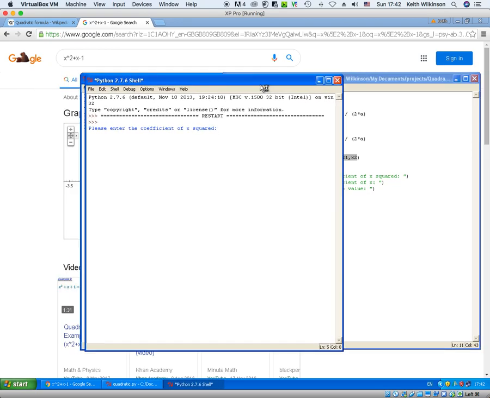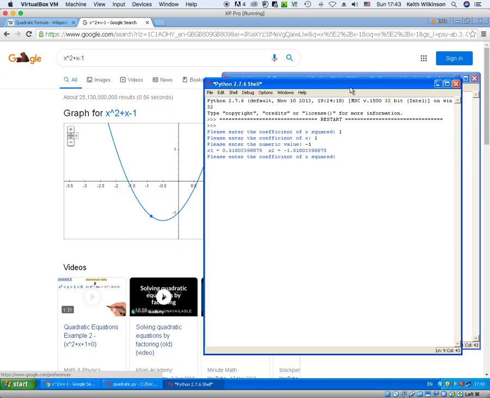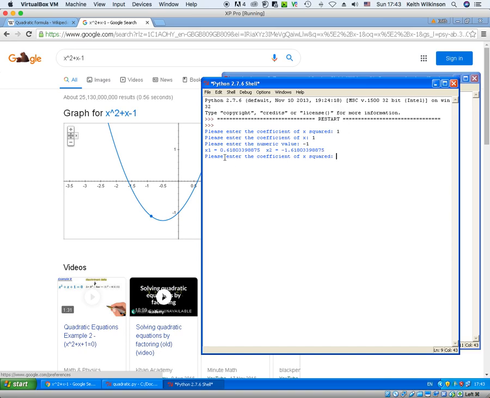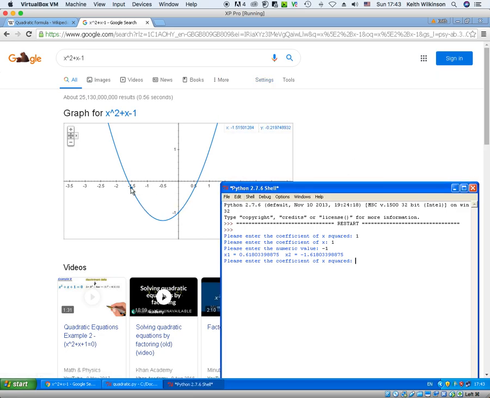So let's put that in. So what did we have? We had 1x squared plus 1x and minus 1. And there you go. We've got our two roots, and our two roots are at minus 0.61. Let's just get this off the screen for a minute. Minus 0.61. Yeah, that's pretty much where it is.